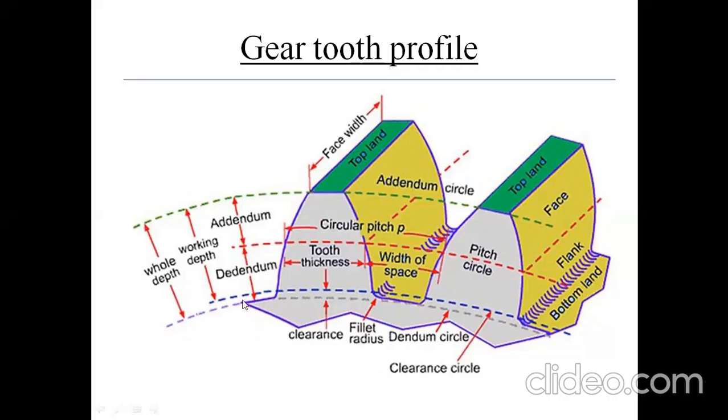The circle drawn through the bottom land, shown by the blue line, is the dedendum circle.